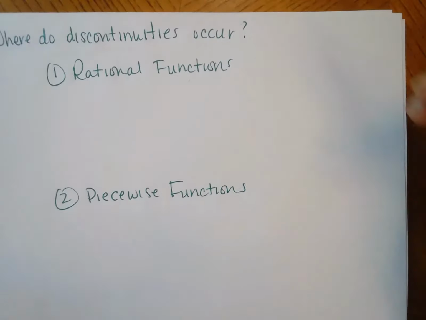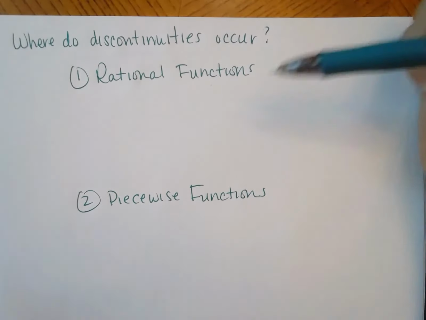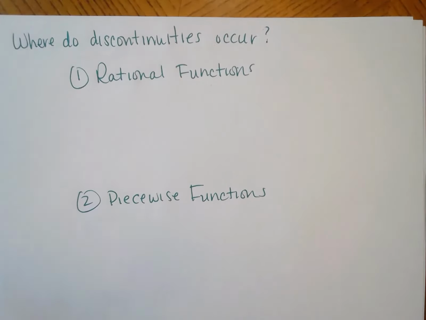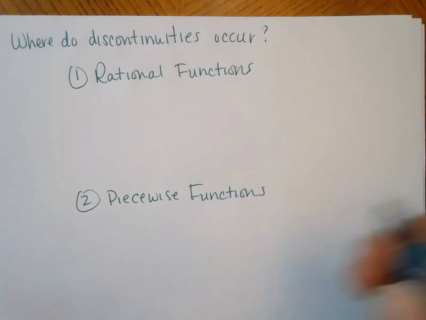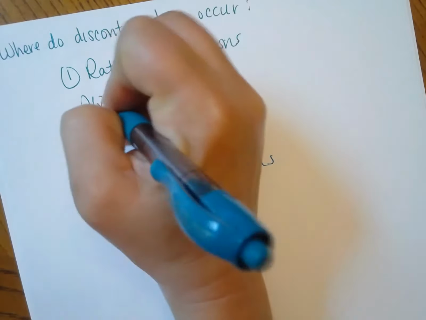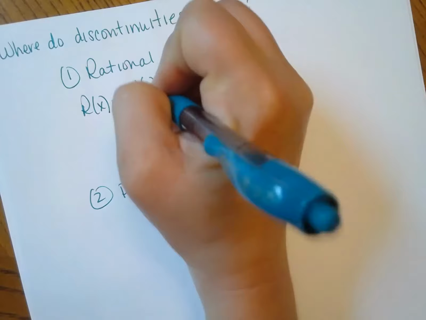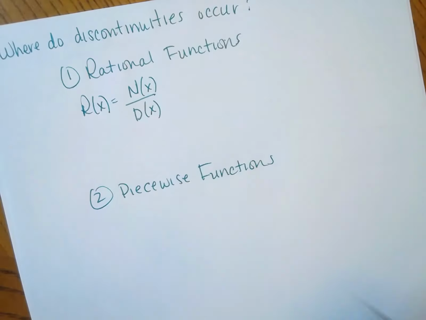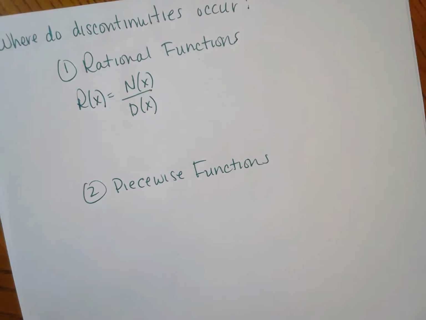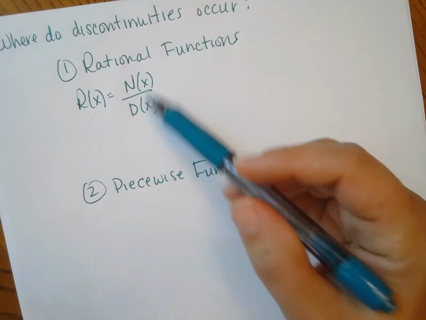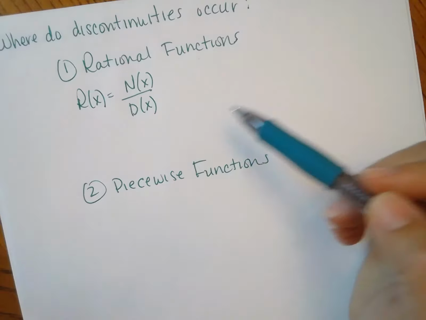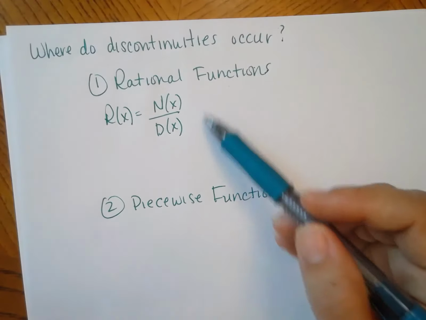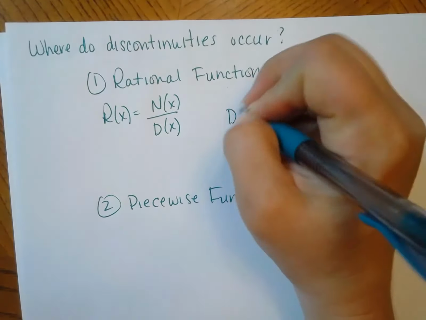Okay, so where exactly do I get these places that are discontinuous? We are talking mostly about functions, and a lot of the functions that we're talking about are pretty continuous functions. And so where we're going to see these things occur are rational functions, right? That's like if I said r of x is the numerator, I'll call it n of x over d of x, right? That's a fractional thing that's built out of polynomials, so polynomial numerator, polynomial denominator, and I get a discontinuity in a rational function when d of x is equal to 0.